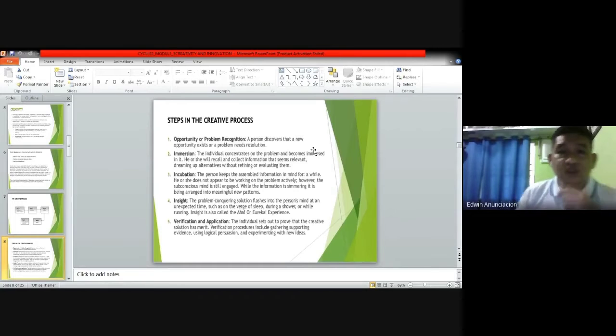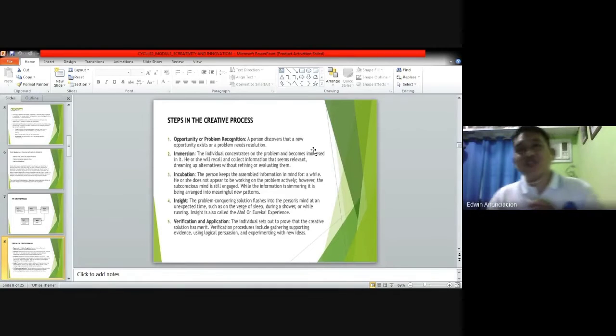The individual concentrates on the problem and becomes immersed in it. So, siyempre, once you are concentrated on the problem, you always tend to find different alternatives to resolve it. Bakit niya mare-resolve ang problem? Immersing with the problem means you will be able to collect information. Diba?